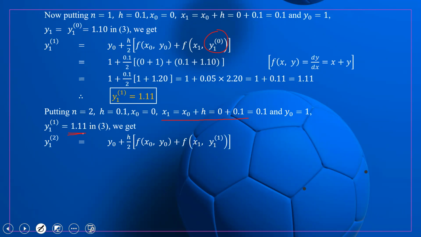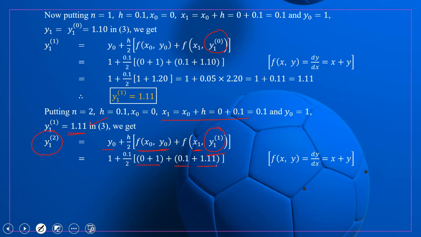So y1 second iteration is y0, the first part will be similar, this will also be the same, only this value will be changed. We calculate this value from this equation. So 1 plus 0.1 upon 2, (0 plus 1), (0.1 plus 1.11).